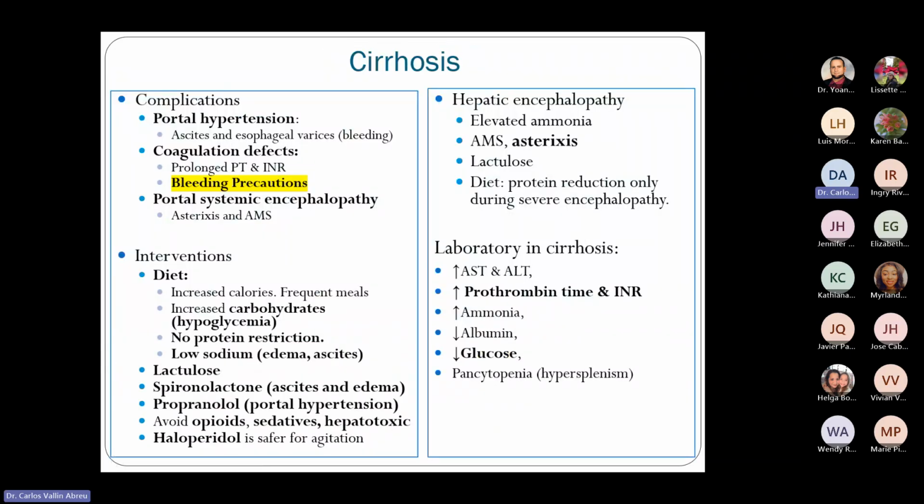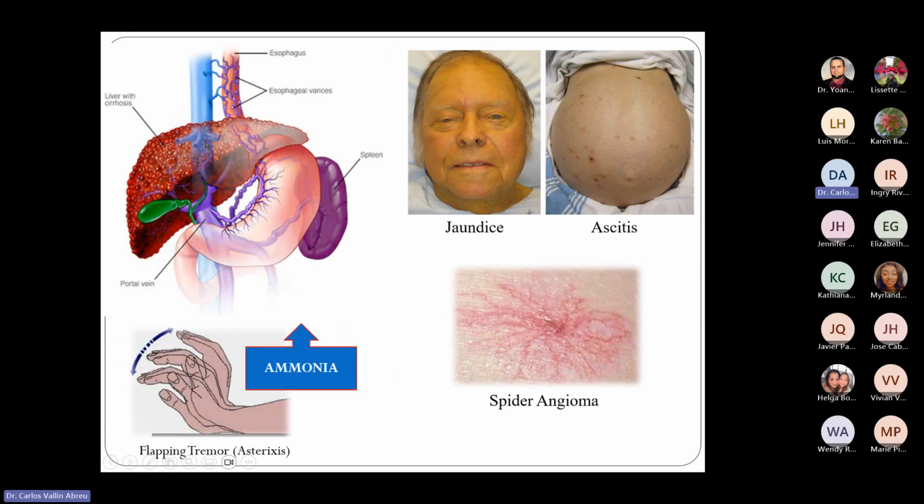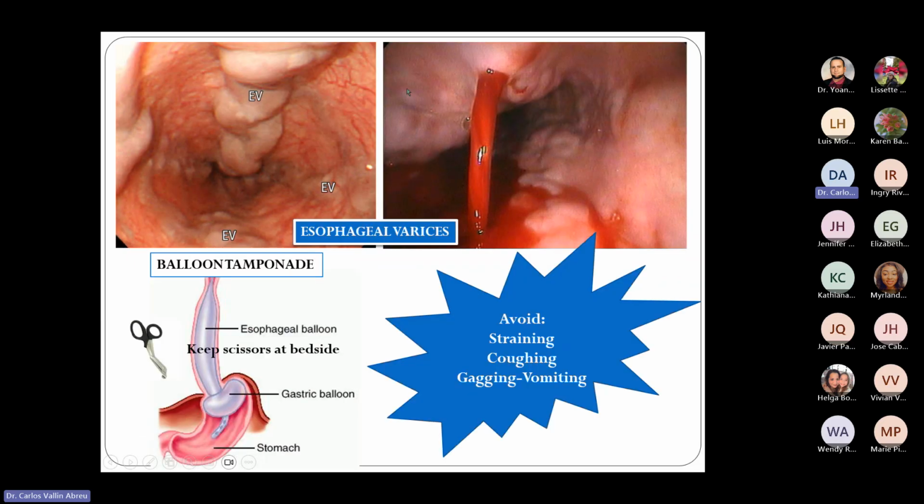For cirrhosis, it's important that you know that they have three problems, among others. One is portal hypertension, which produces ascites, the accumulation of liquid in the abdomen, and produces esophageal varicose veins.